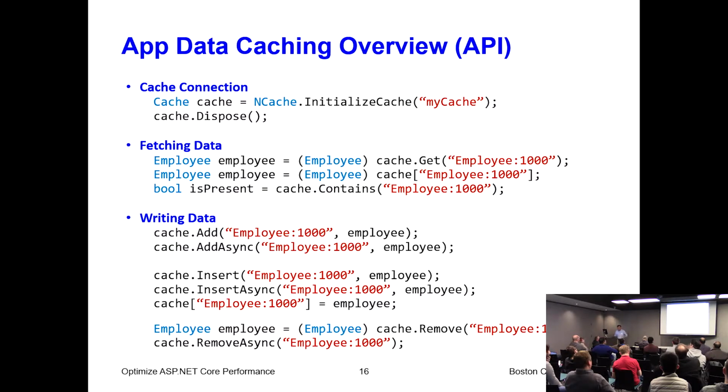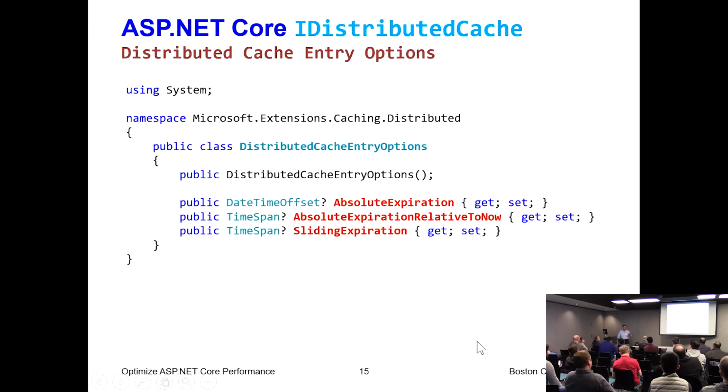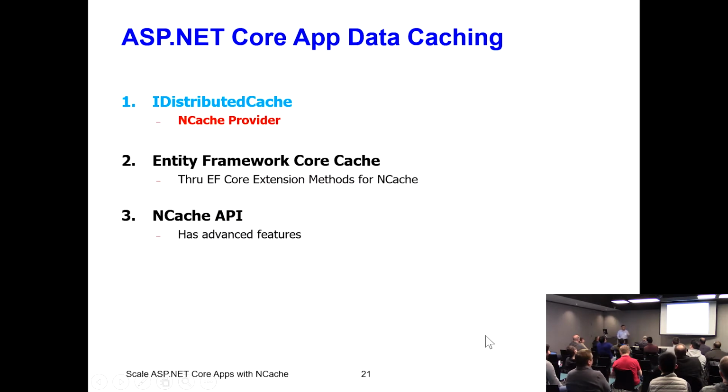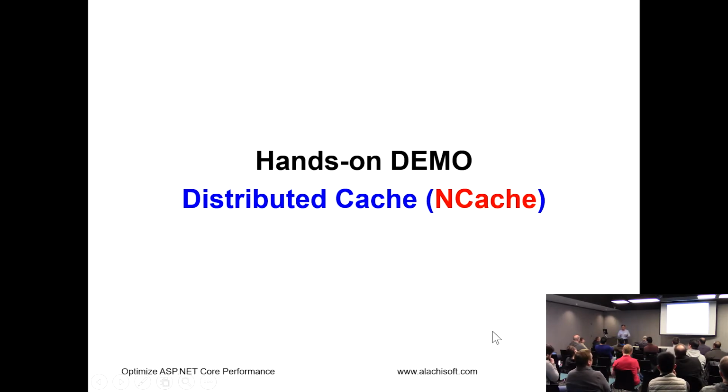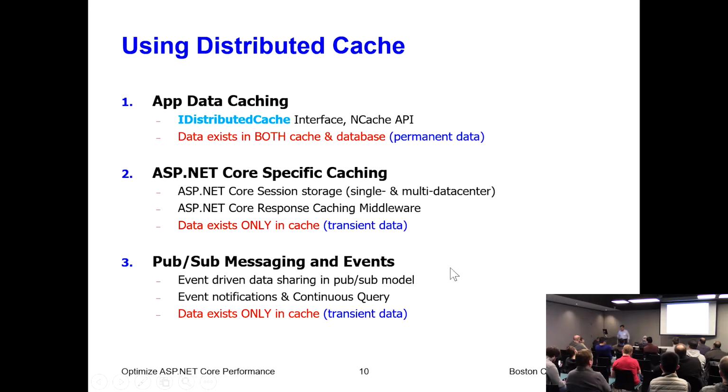So PubSub messaging is also a very powerful feature. A lot of applications today have to coordinate effort. I was talking to somebody today who said that they have a need to do a lot of event-based programming. So PubSub messaging gives you a very powerful event-driven programming model.